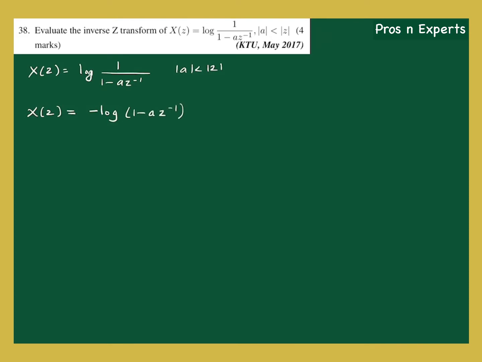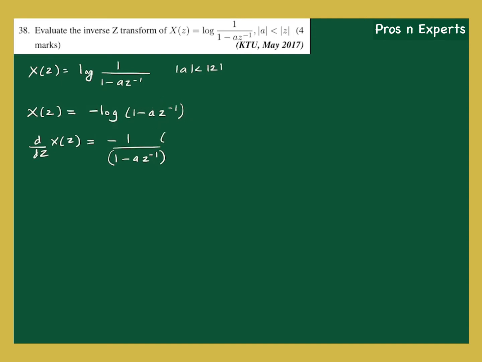Okay, now if I find out d by dz of X of z, that will give you minus 1 by 1 minus a z inverse. Thankfully this log is gone, but it is not over. We have to find out the derivative of this function 1 minus a z inverse also.